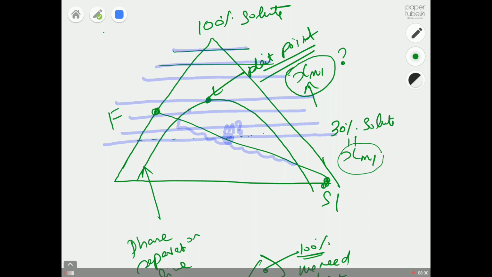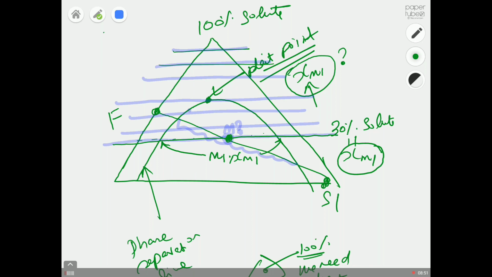By drawing this line, we identified where our mixing point M1 is. We can also call this whole line the xm1 line on the ternary diagram.